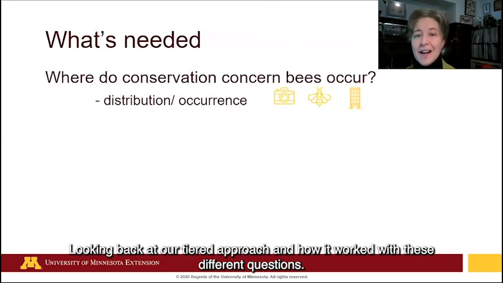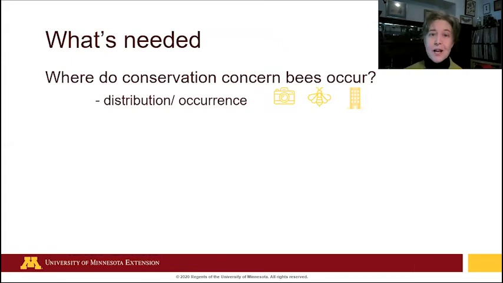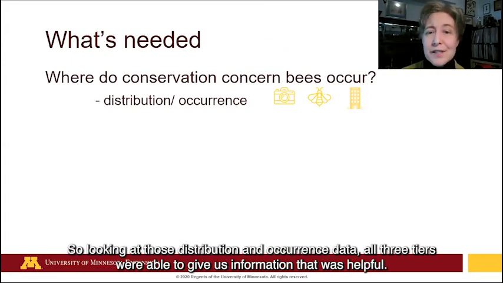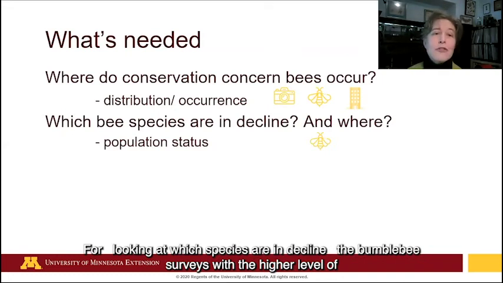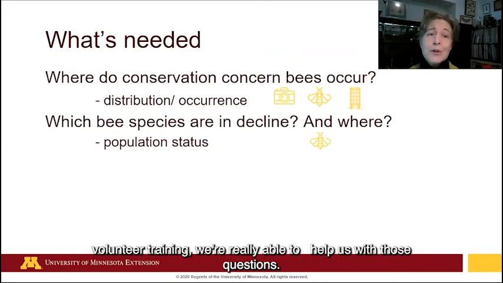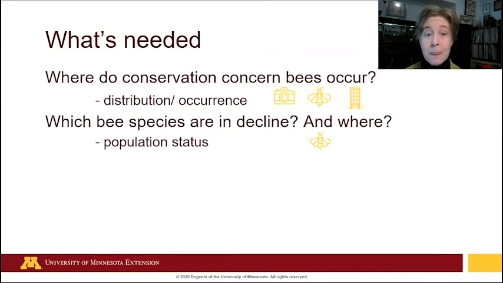Looking back at our tiered approach and how it worked with these different questions, so looking at those distribution and occurrence data, all 3 tiers were able to give us information that was helpful for that. For looking at which species are in decline, the bumblebee surveys with the higher level of volunteer training were really able to help us with those questions.